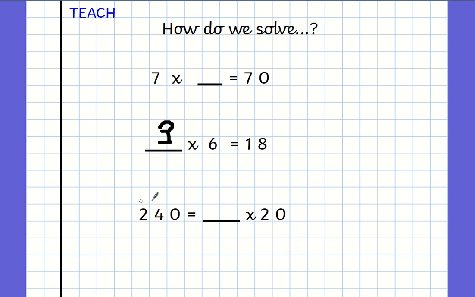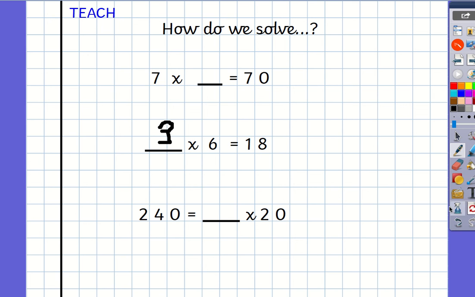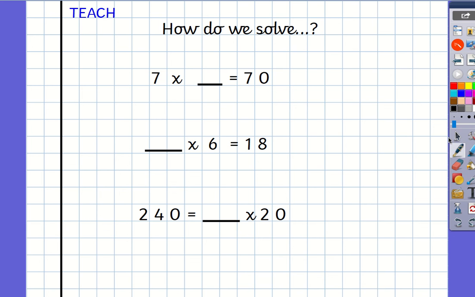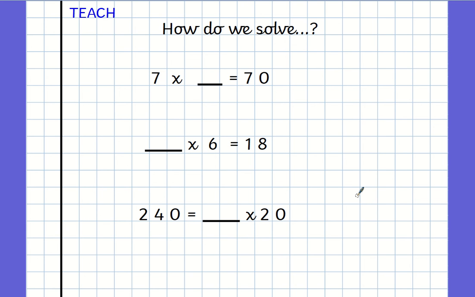Now then, if you're moving on to gold and platinum questions, they're getting a little bit trickier, aren't they? So let's have a look at this one together. So 240 equals something multiplied by 20. Now, remember the word I talk about all the time in maths, and I say it's an important one, scaling.